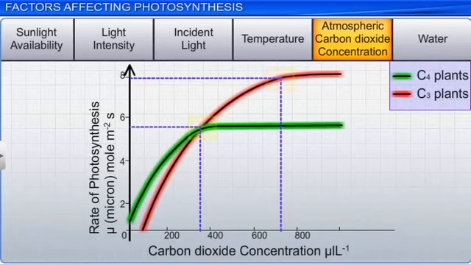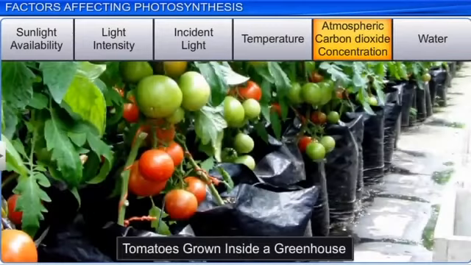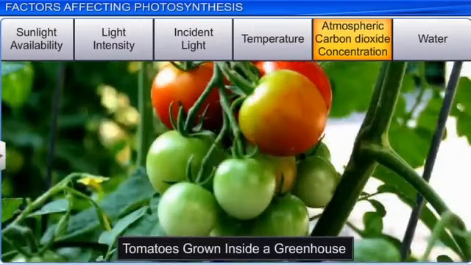The difference in saturation points means that the current atmospheric CO2 concentration becomes a limiting factor only for C4 plants. This fact is utilized by large-scale farmers who grow crops such as tomatoes in a greenhouse, where the carbon dioxide-rich atmosphere helps increase the crop yield.